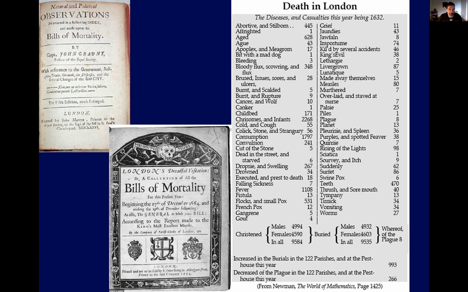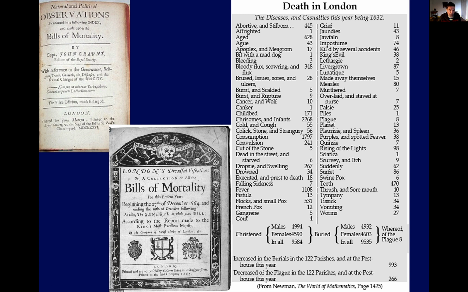So here, in the year 1632 in London, they reported that there were 9,584 people christened or born, and 9,535 buried or died, whereas 8 were of the plague. So it was a slow plague year, only 8 deaths in all of London.